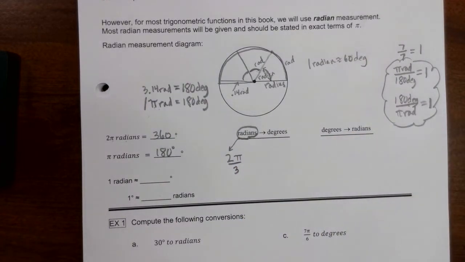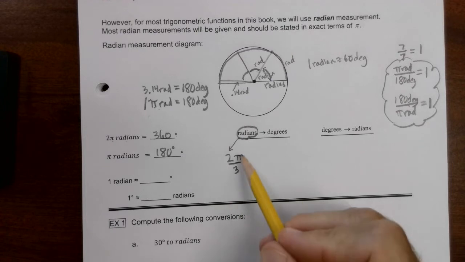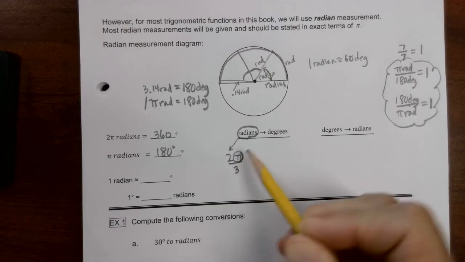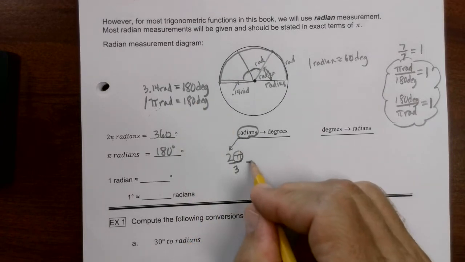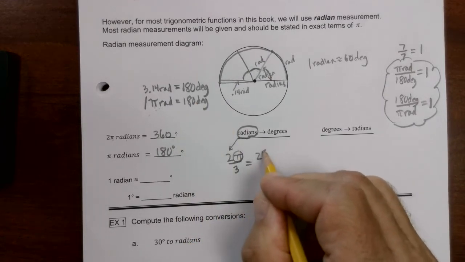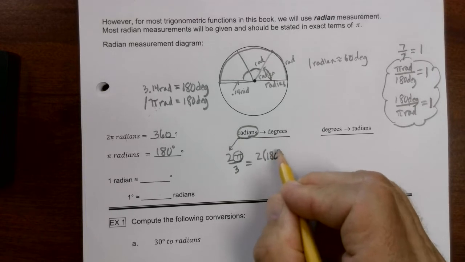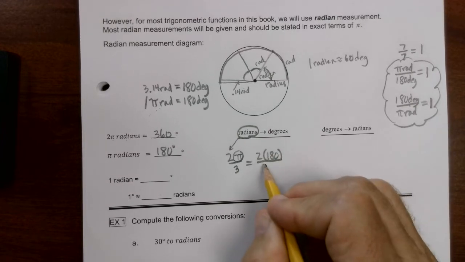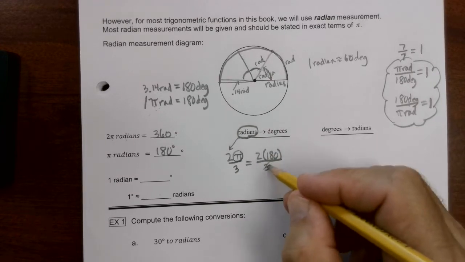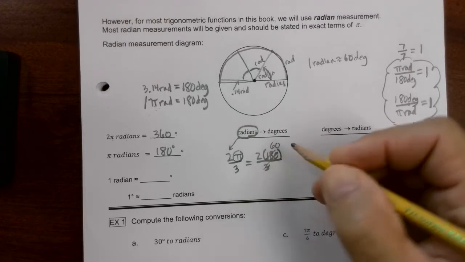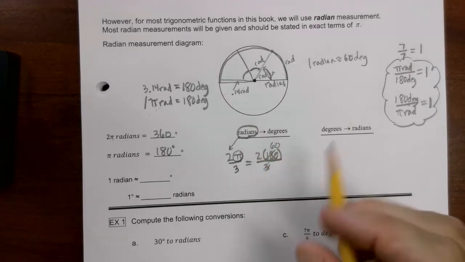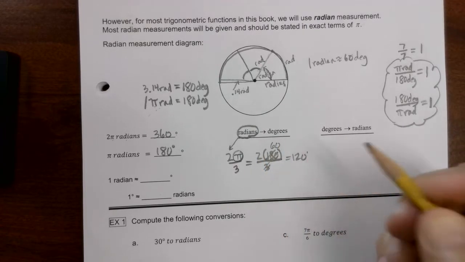The absolute easiest problems are these types because we know that pi equals 180. Just using some substitution, we're going to go 2 times 180 all over 3. Well, 3 goes into 180 60 times. 2 times 60 is 120.